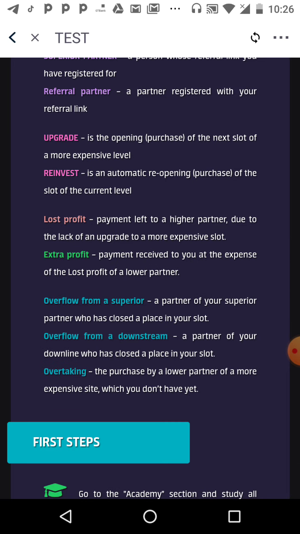Lost profit: payments left to a higher partner due to the lack of upgrading to a more expensive slot. Extra profit: payments received to you at the expense of the lost profit of a lower partner.